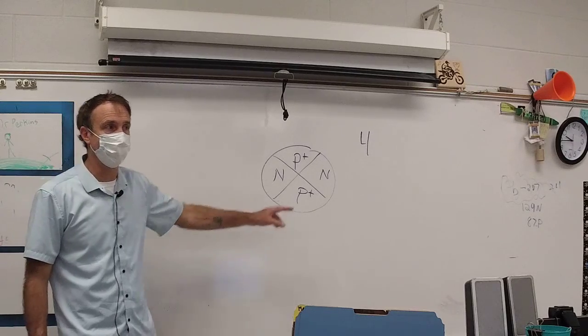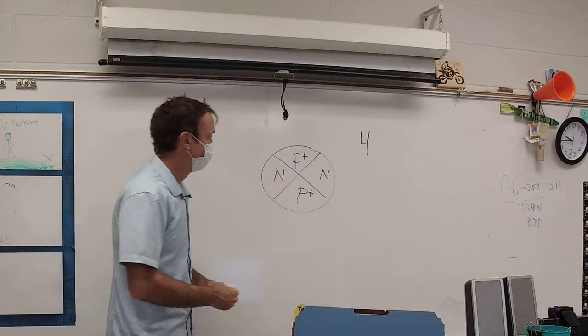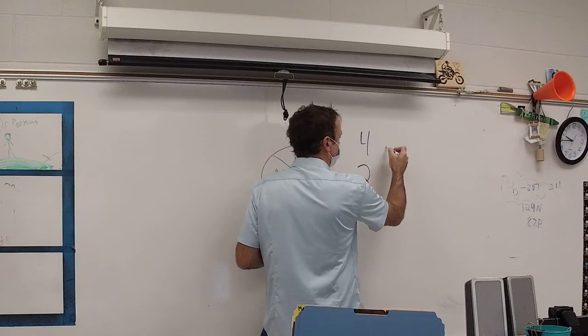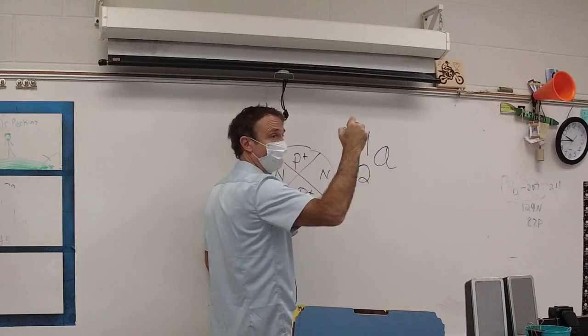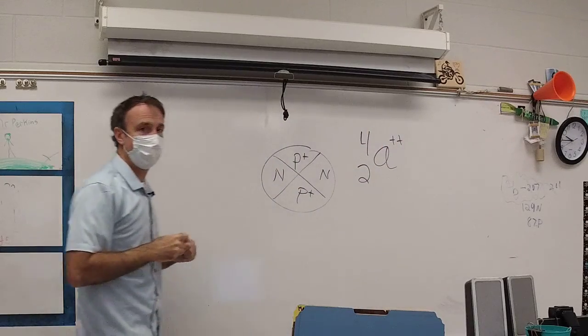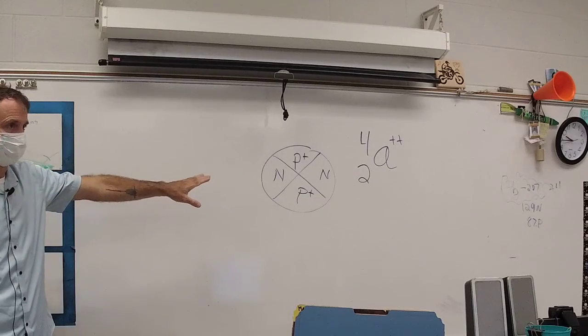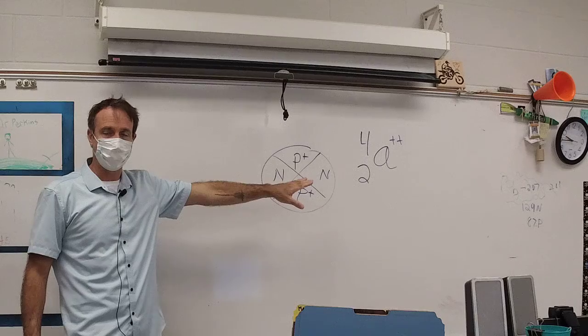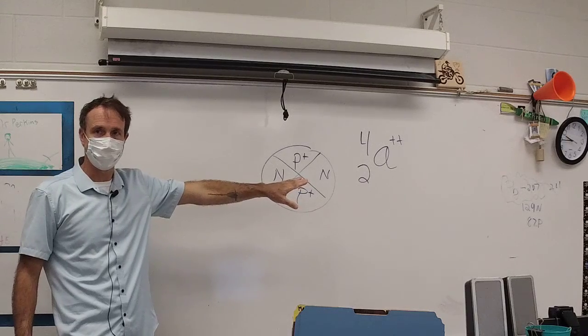Positive what? How many protons do we have? 2. So we would write 4 over 2. We could write a little symbol, a little alpha symbol, plus plus. That's a good way to write an alpha particle. 4 over 2 alpha plus plus with a plus 2 charge.